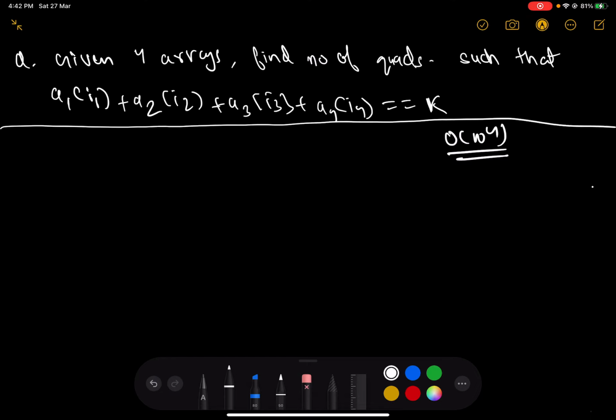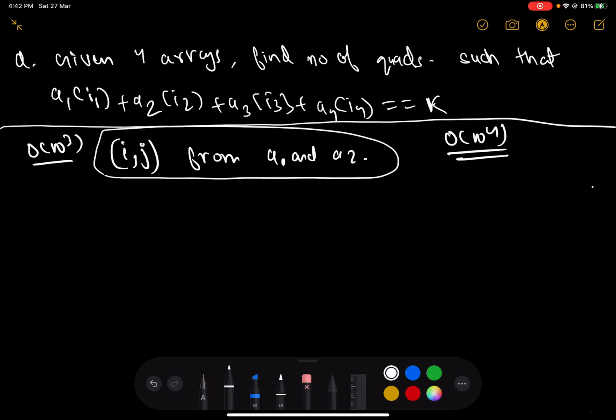All right. So how do we solve this problem in O of n cube? To solve this problem in O of n cube time, let's say that I consider all the pairs i, j from arrays A1 and A2. So what I will do is iterate through A1 and A2 in the form of a nested loop like this.